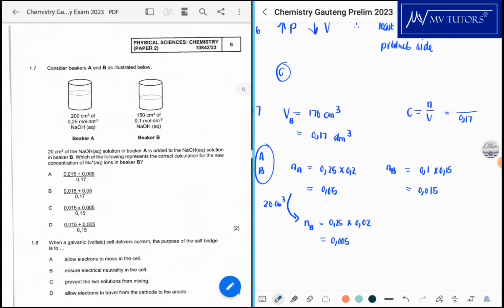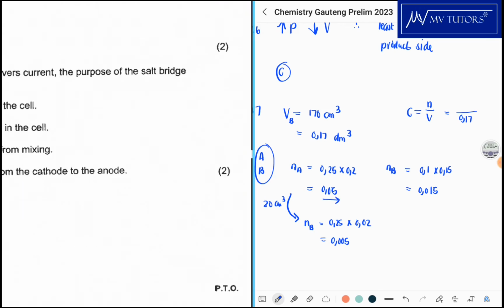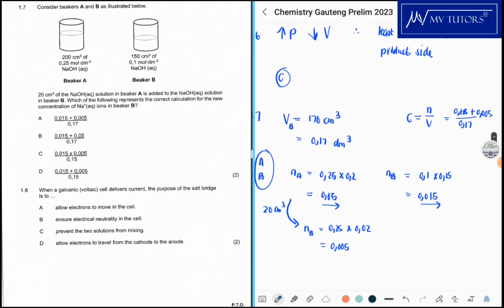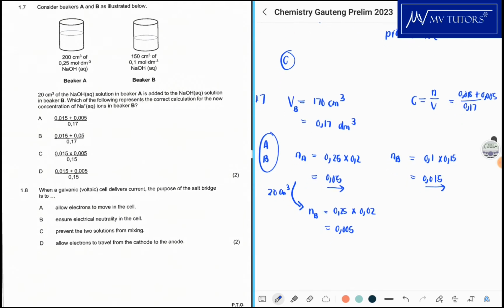So the number of moles in A is 0.05, and the number of moles in B is 0.015 plus the 0.005. Okay, I hope I didn't confuse you there. I hope it makes sense, but that is for A, and that is what was transferred to B. So if we look at the answers between A and B, very close.